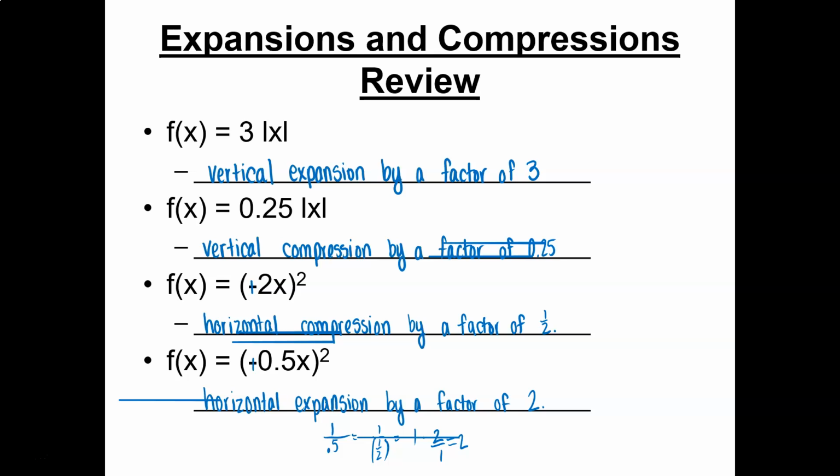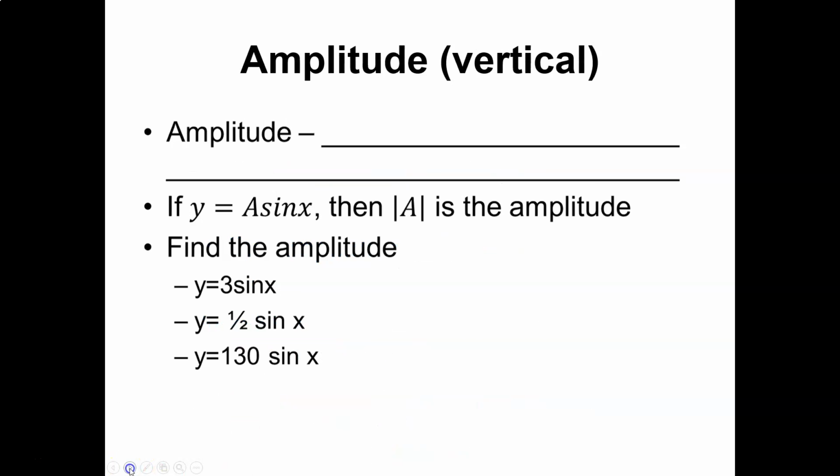All right, so let's look at how this relates to what we need to know about trig functions. All right, so amplitude is going to be the distance from the midline to a maximum.